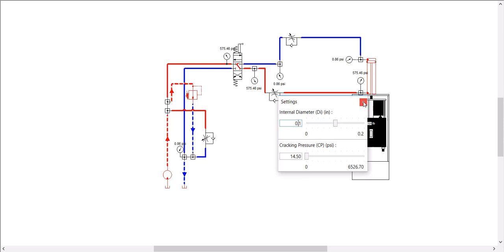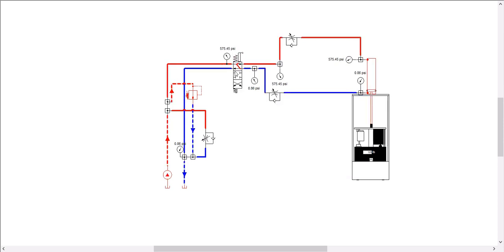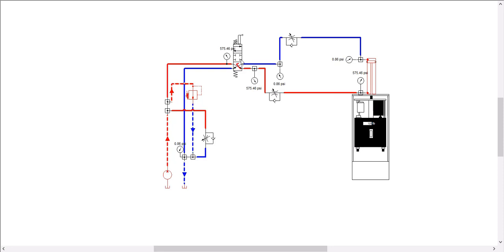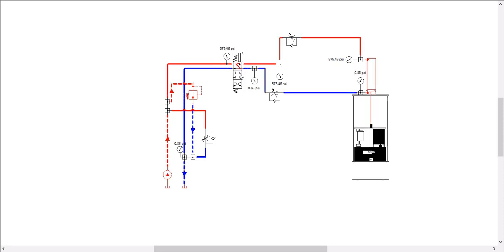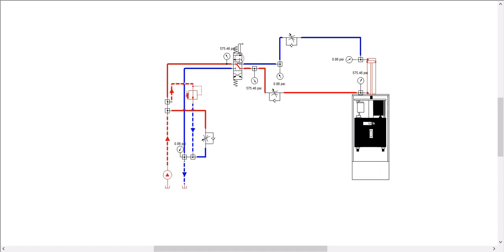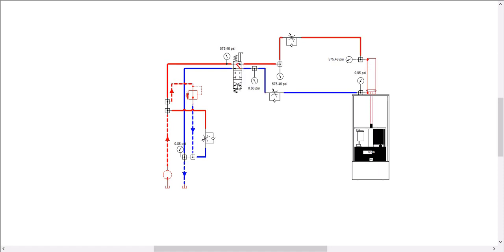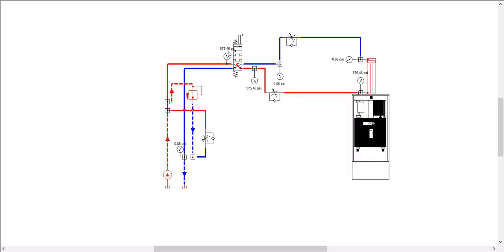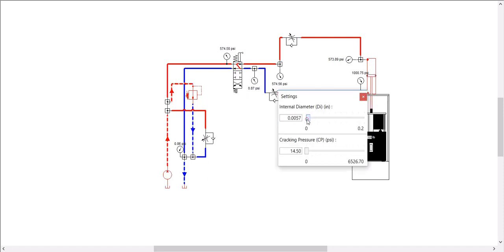When we adjust the opening of the meter-out flow control valve, we control the descent speed of the power unit. Much like meter-in, the smaller the flow control valve opening, the slower the power unit is lowered, and the larger the opening, the faster the power unit falls.